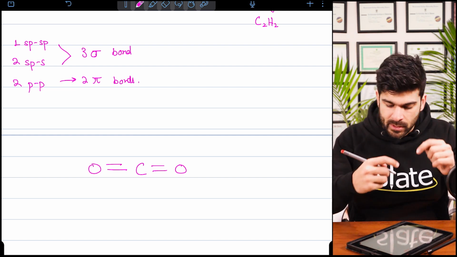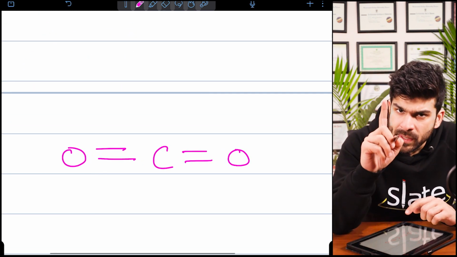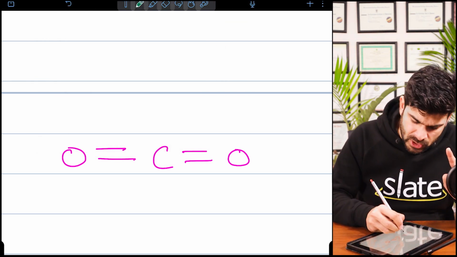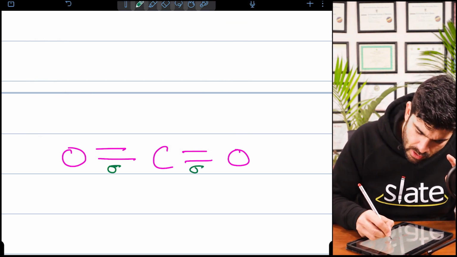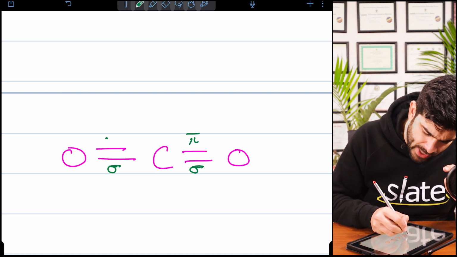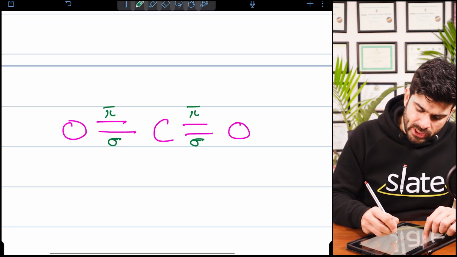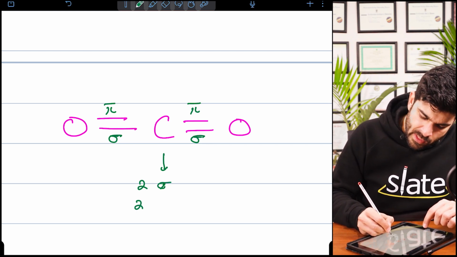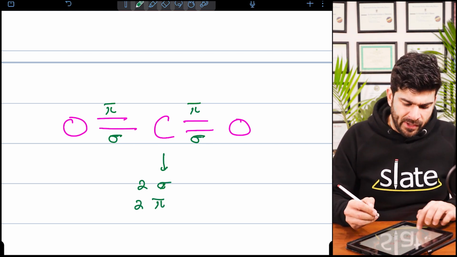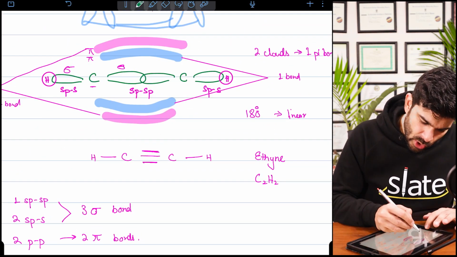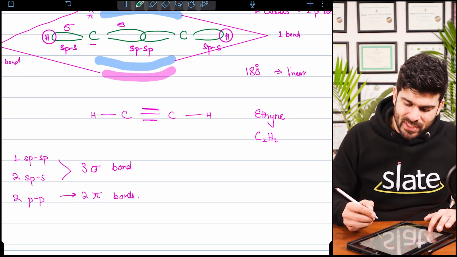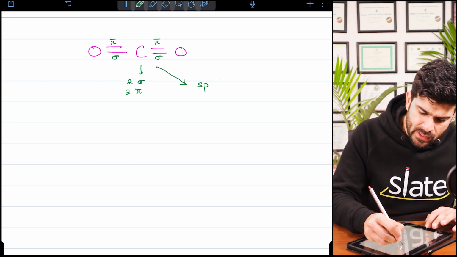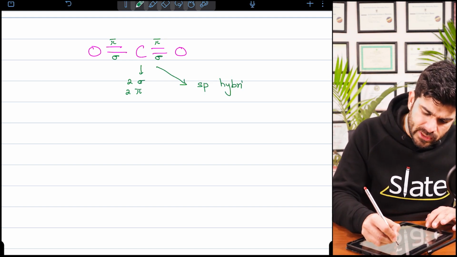That's one hint. We have just one carbon here, so let's see what the carbon is making. In every double bond, the first one is always sigma and the second one is always pi. So this carbon is making 2 sigma and 2 pi. And whenever carbon is making 2 sigmas and 2 pi's, that is sp hybridized.